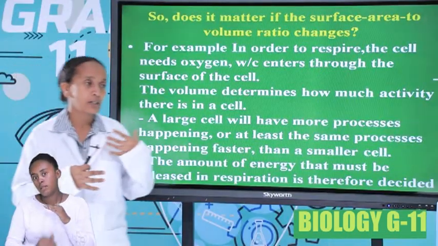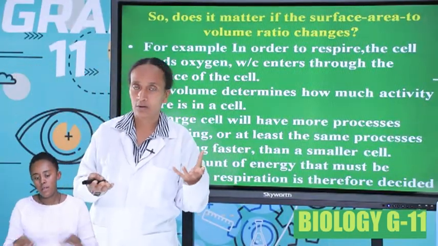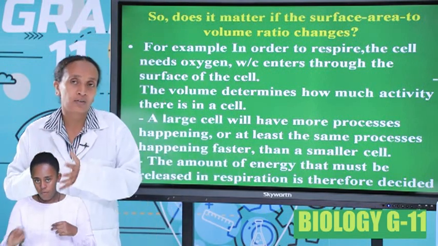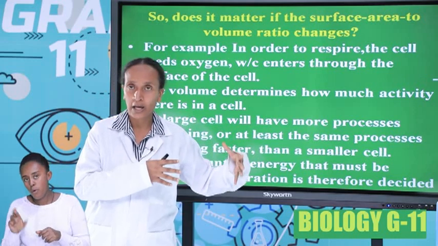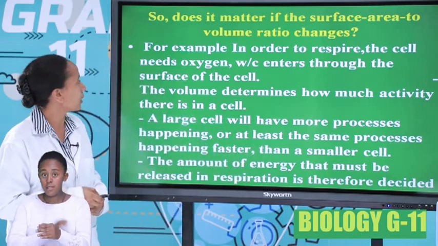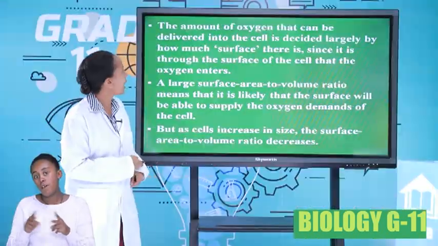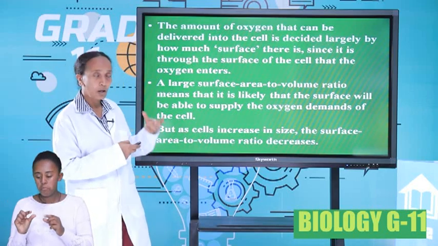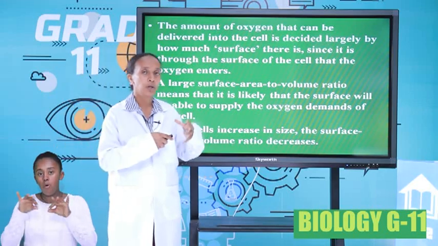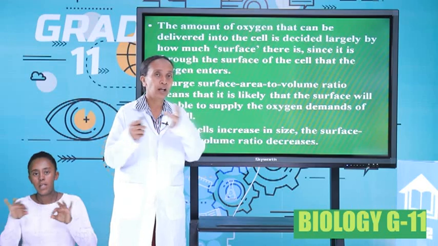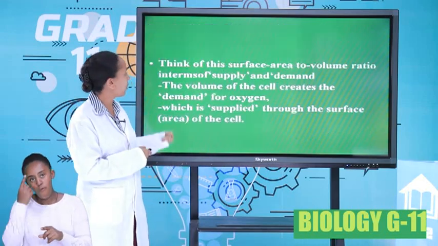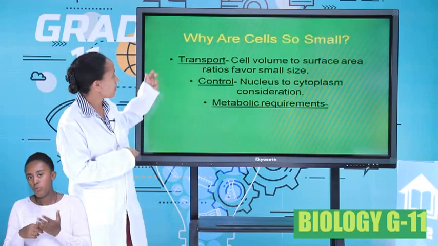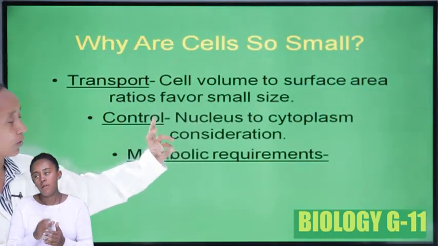So what is the importance of having a large surface area to volume ratio, or in other words, having a small cell size? It is very important, because a small size helps to provide the necessary materials for the cell, and also for transport of materials within cells, and control of the cell.